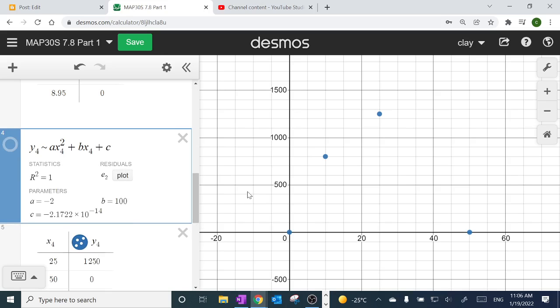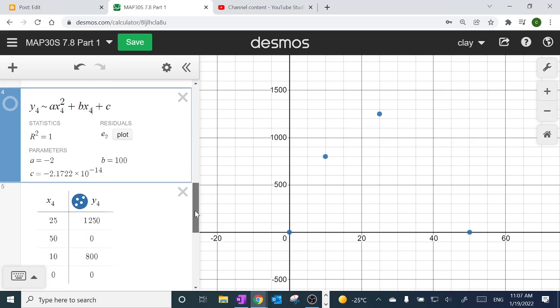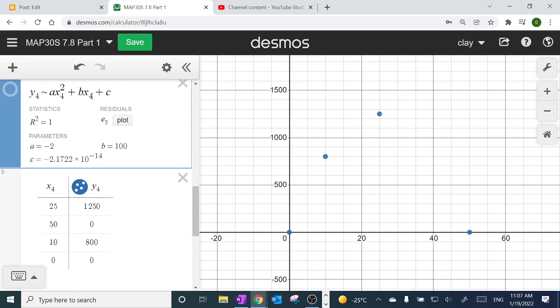And there's my equation. My equation is this A value is -2, this B value is 100, and this C value is so ridiculously small that it is in fact 0. Why doesn't Desmos actually figure it as 0? Because Desmos isn't really doing algebra to figure this out, it's just estimating based on the pixel size that it can actually graph.